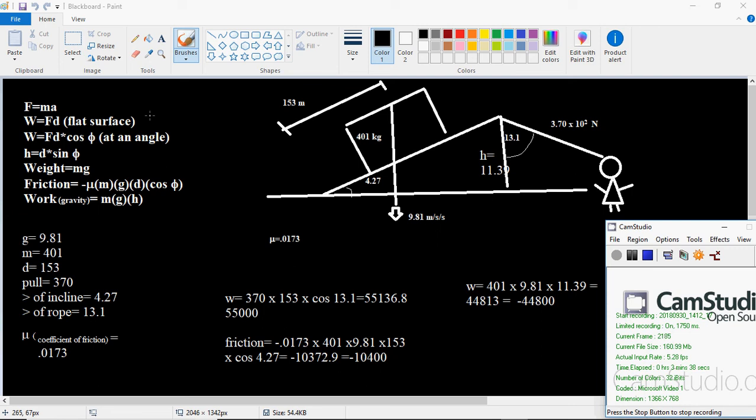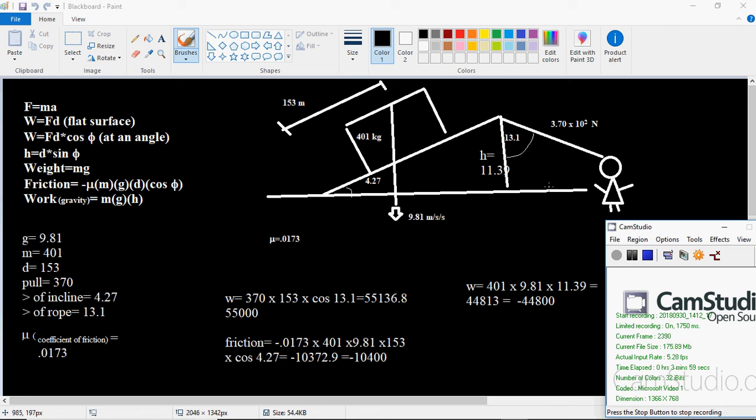We are not doing that, however. We have angles. So, the work for what we're doing will be force times displacement times the cosine of theta. And for this, the theta is the degree of the rope to the ground.